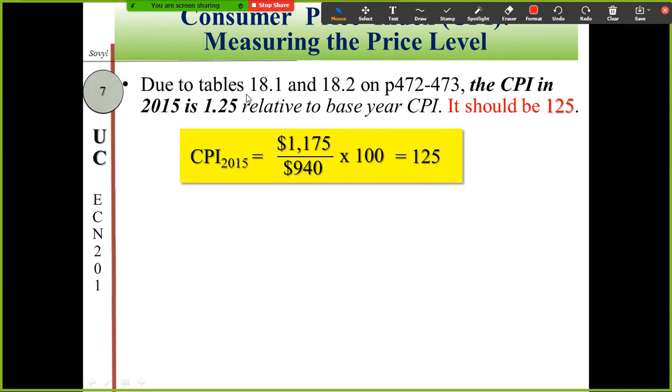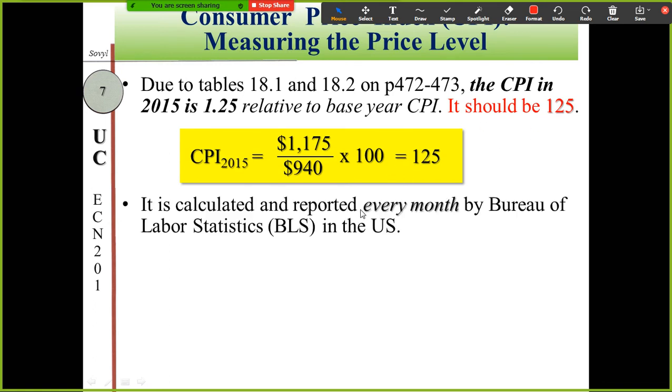If you take your textbook on these pages, through tables 18.1 and 18.2, you can see 1.25 as the CPI in 2015 compared to the 2010 base year, but it must be 125.